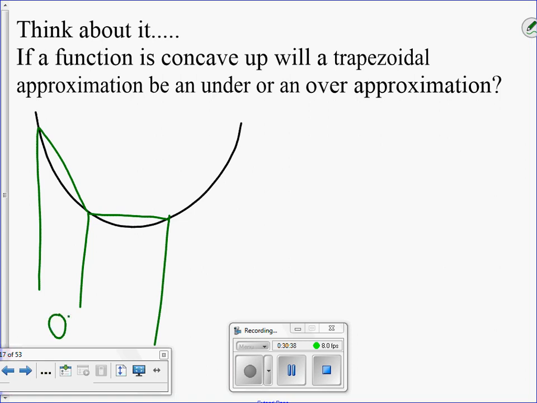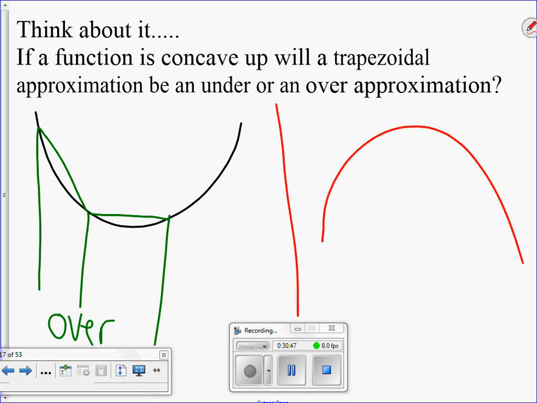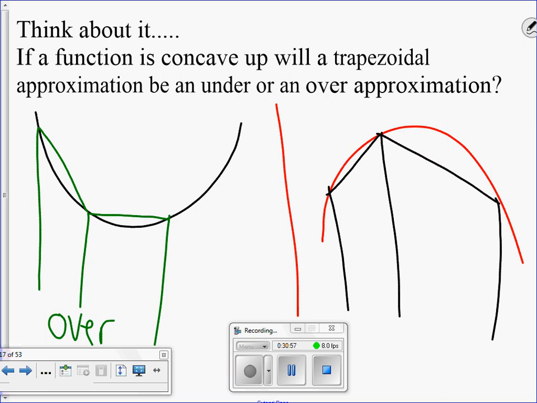Over. It's not something you have to memorize, you just have to be able to visualize it. And likewise, if you have a graph that's concave down and you're using trapezoids to approximate the area, what kind of approximation is that going to be? Under.